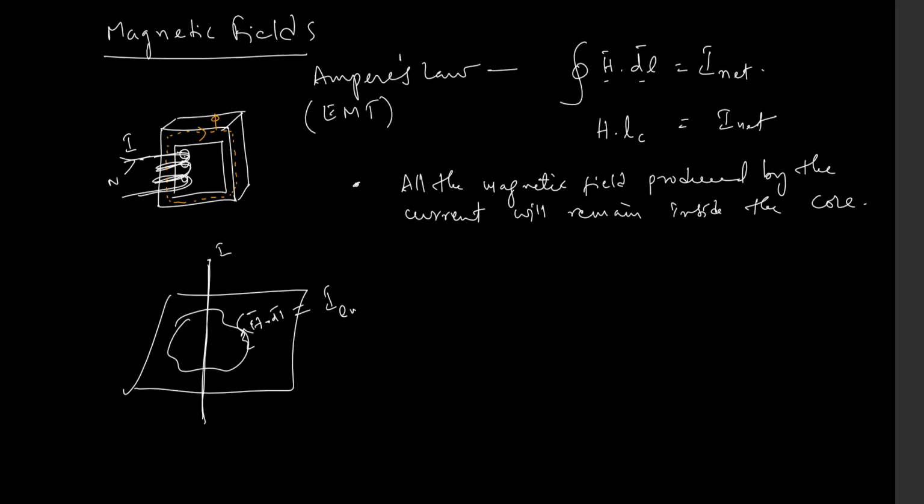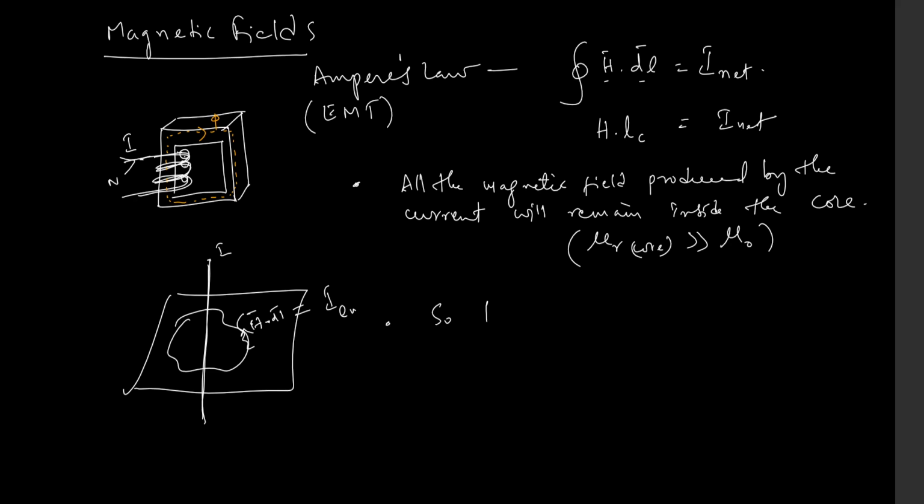because the permeability of this core is very, very high than the permeability of the air. That is why the flux is confined to the core, right?